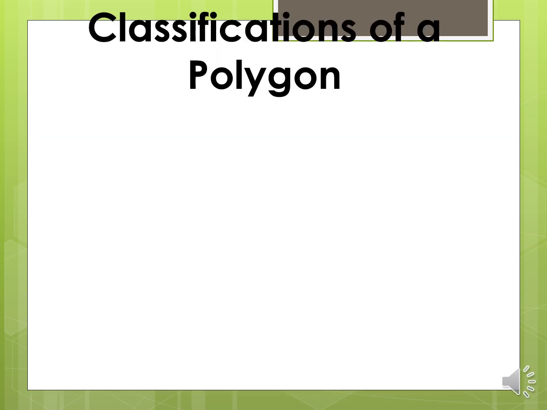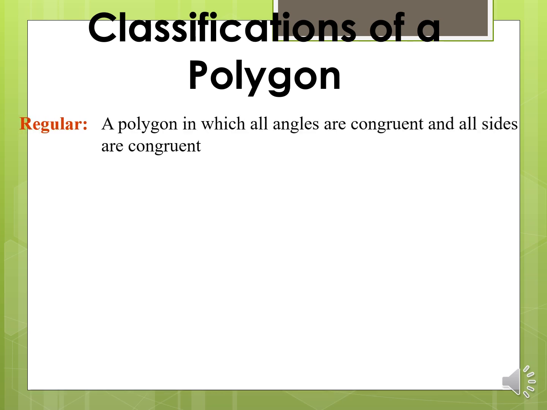So we are now able to classify the polygons that we have. We have a regular polygon, a polygon in which all angles are congruent and all sides are congruent. That is an equilateral polygon, as we say, because the angles are equal, and the lateral, which means the side, is also equal.